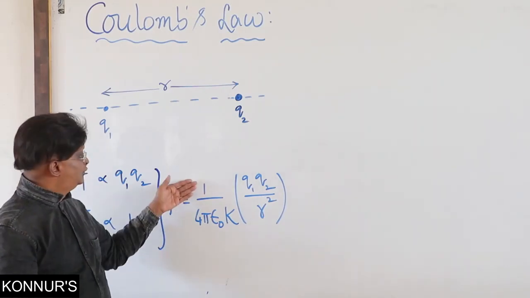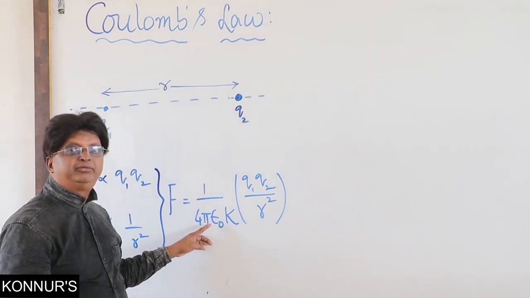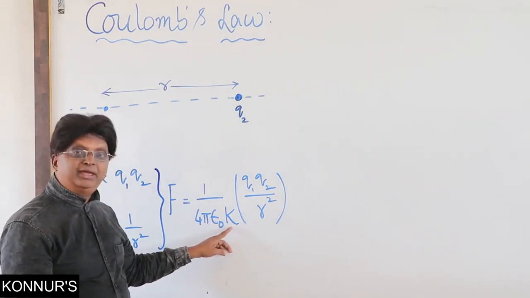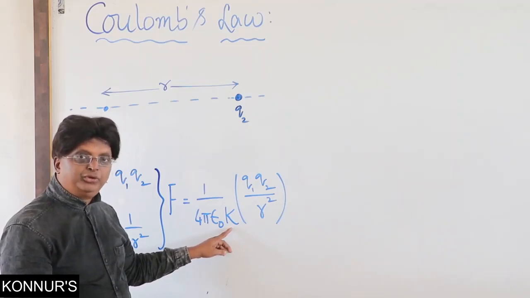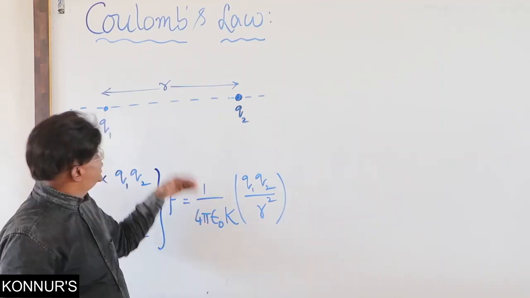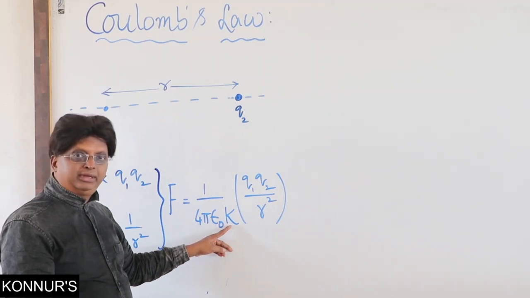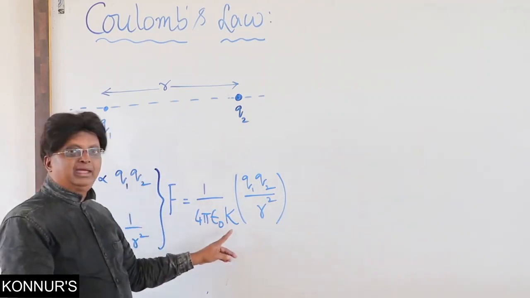F is 1 upon 4 pi epsilon naught, the permittivity of vacuum, the absolute permittivity, times capital K. Remember this capital K: when do we use it? Other than air or vacuum, we will use capital K. For air or vacuum, we will make this K as one.